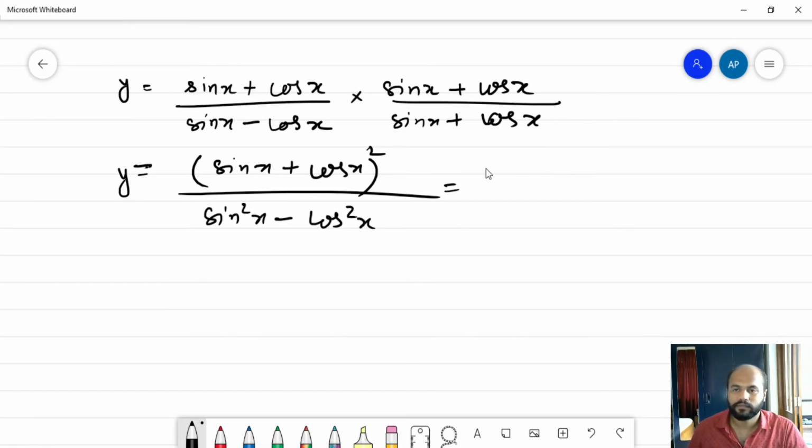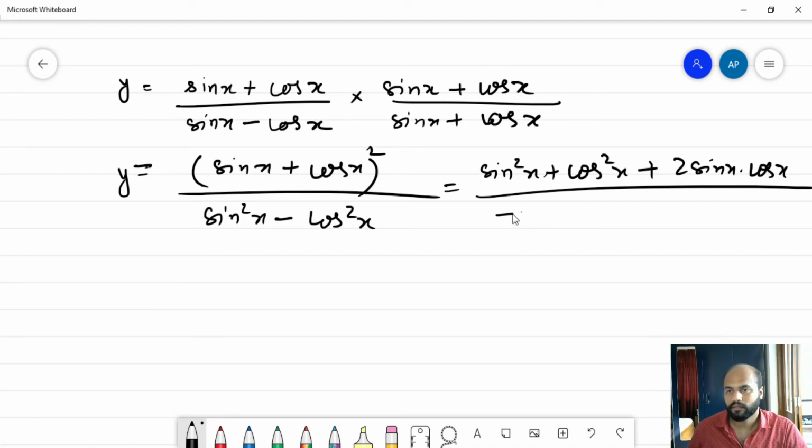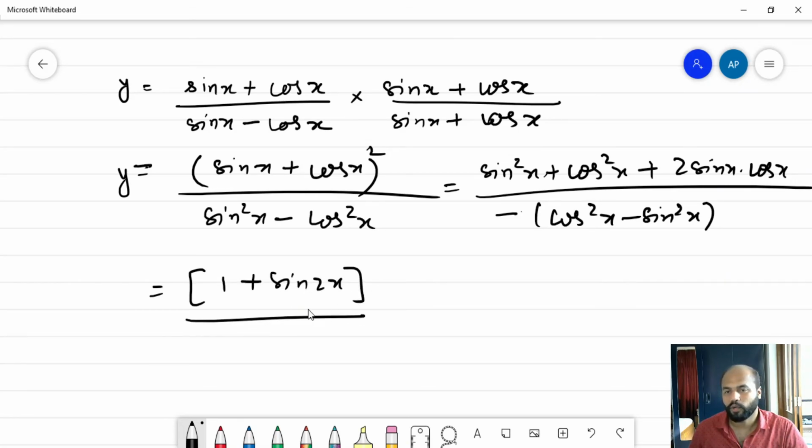Now let's expand this. After expansion, what we get is sin square x plus cos square x plus 2 sin x cos x. And the bottom is going to be minus of cos square x minus sin square x. Now we can easily simplify this. You can clearly see that this is going to be 1 plus sin 2x at the top, and at the bottom it's going to be nothing but minus cos 2x, because the expansion of this, if I compress it, comes out as minus cos 2x.